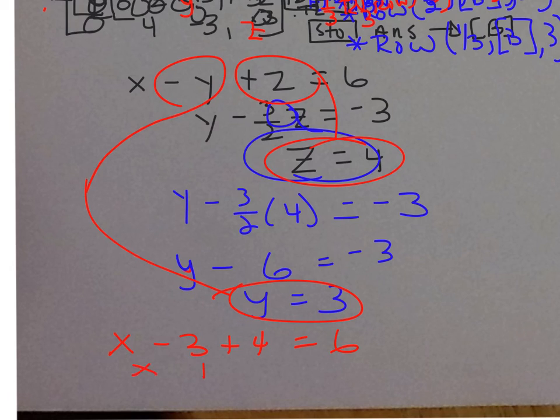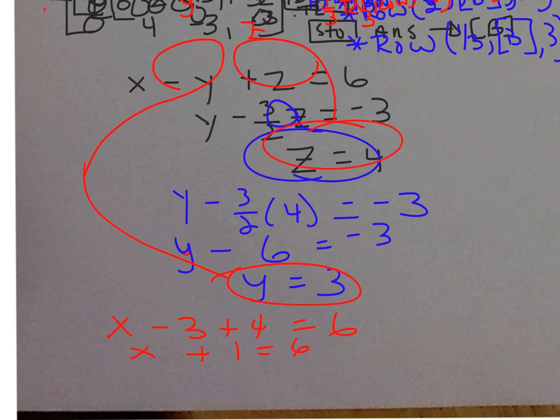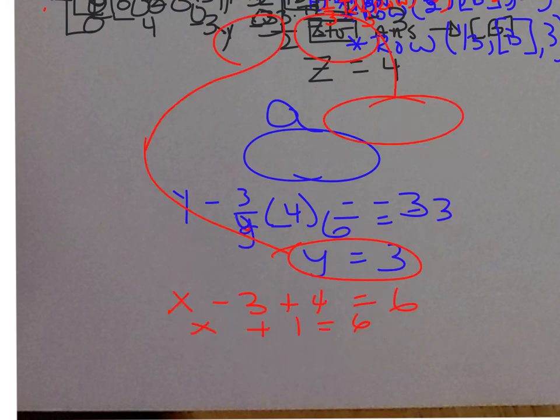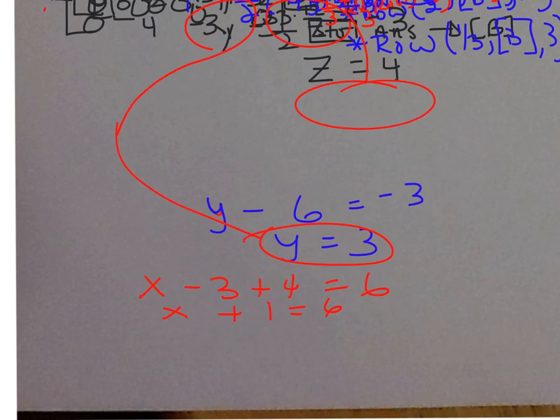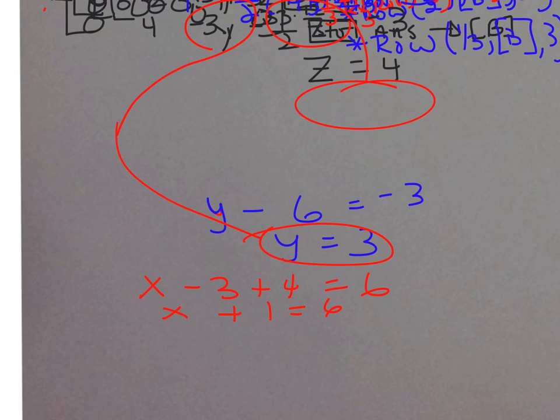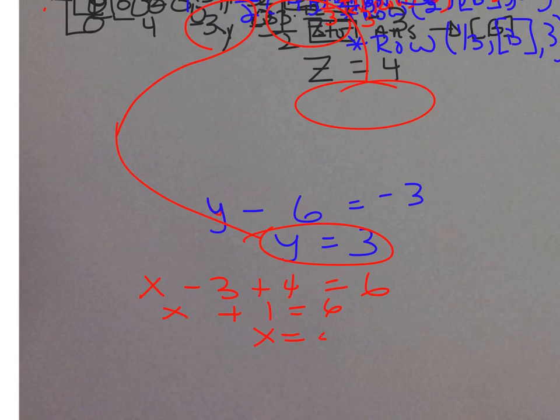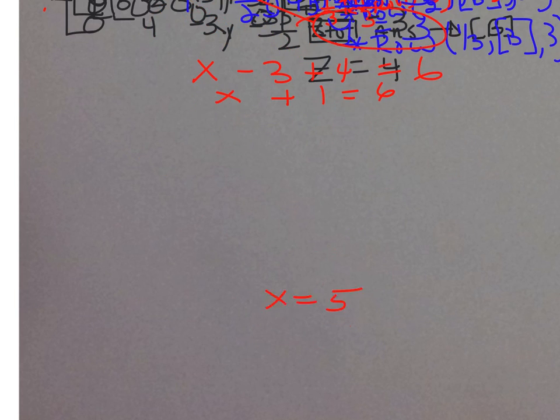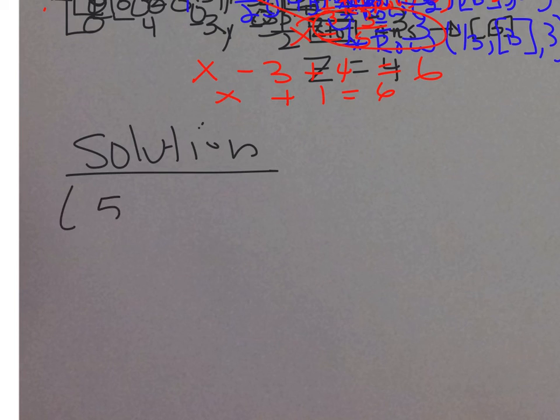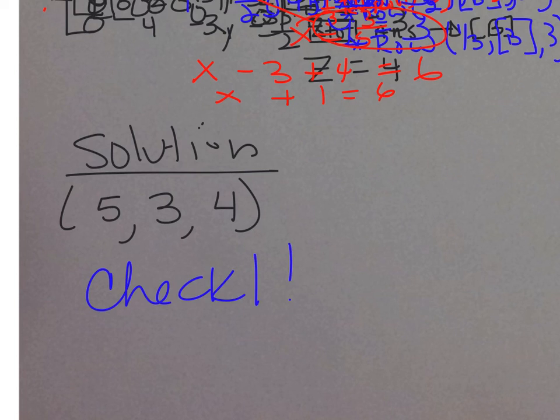So x plus 1 is equal to 6. Minus 1 from both sides. X is equal to 5. All right, so write the word solution. So my x is 5, my y is 3, and my z is 4. And then the last thing you obviously do is you check it, and you obviously check original.